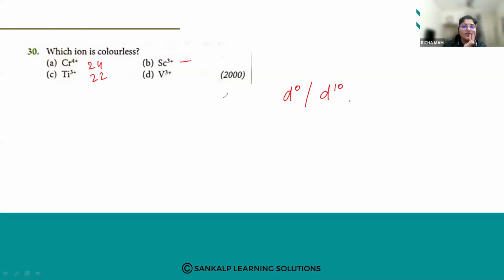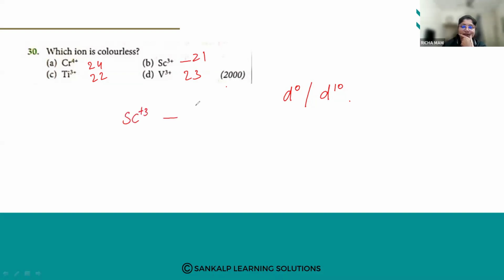And vanadium, use all this data. Vanadium is 23. Just see which is the answer. What are you getting? Sri Varuni has got scandium is +3.